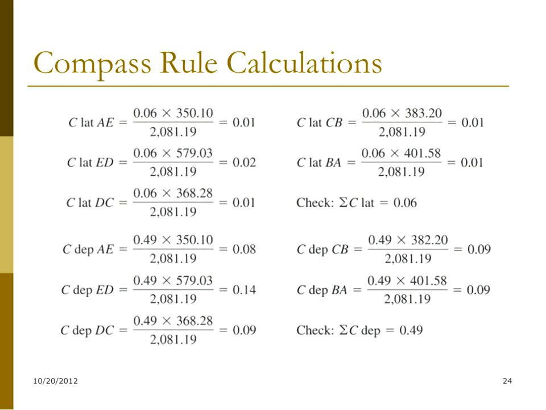So here's the samples. So correction of the latitude for A to E, 0.06 was our latitude misclosure. 2081.19 is our perimeter. And we're going to multiply that by 350.10, which is the distance of A to E, etc., etc., etc., for all of our latitudes. Now you can do a check, right? Again, we're correcting for error. What is our latitude error? 0.06. So how much correction should we be making? 0.06.